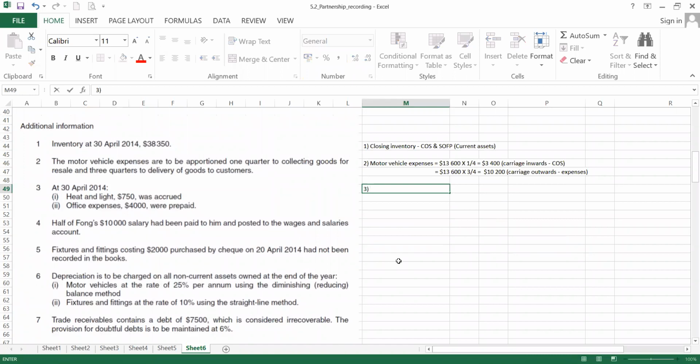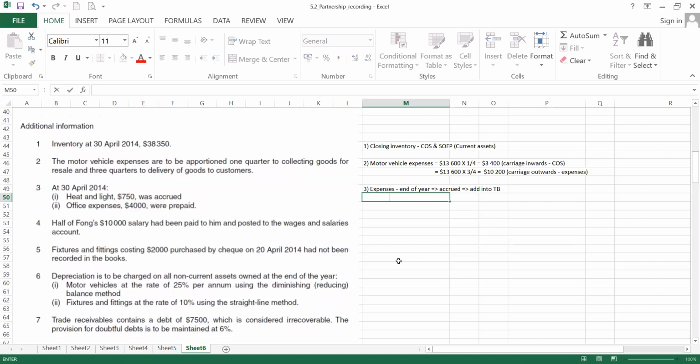At 30th April 2014, heat and light were accrued. End of the year, expenses. Okay, both are expenses. Expenses end of year. If the amount is accrued, we have to add into the trial balance amount.